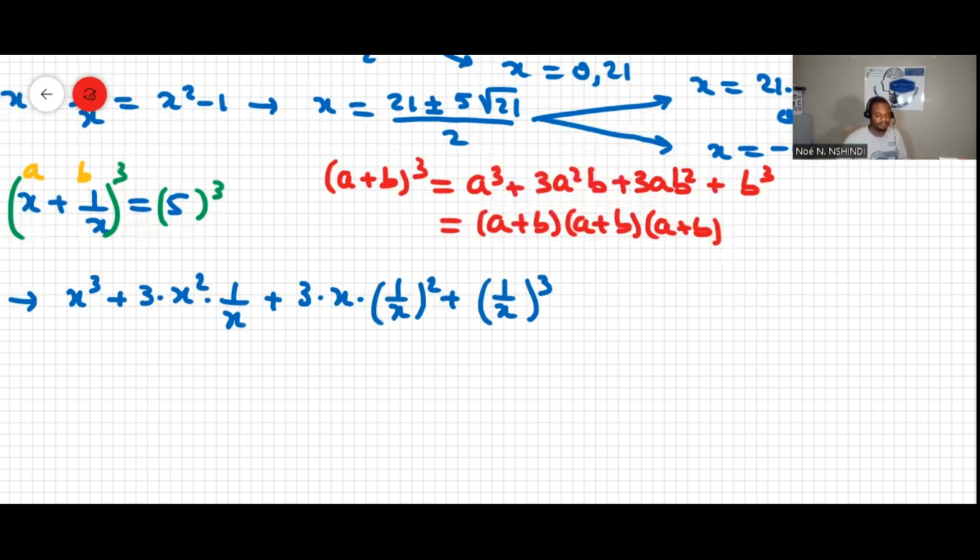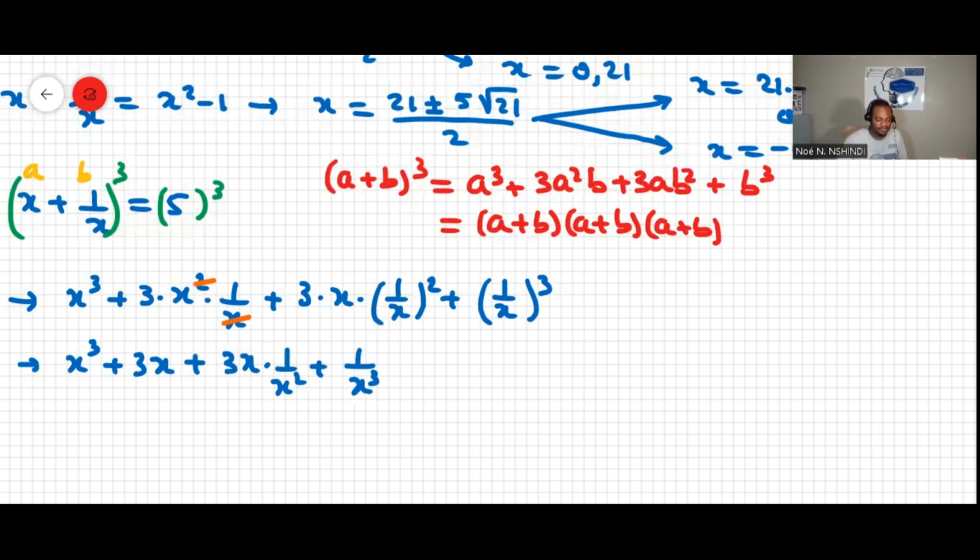Okay, we can simplify. So that makes x cubed, and then x squared and x can be simplified. That will be x cubed plus 3x plus 3x times 1 over x squared plus 1 over x cubed.